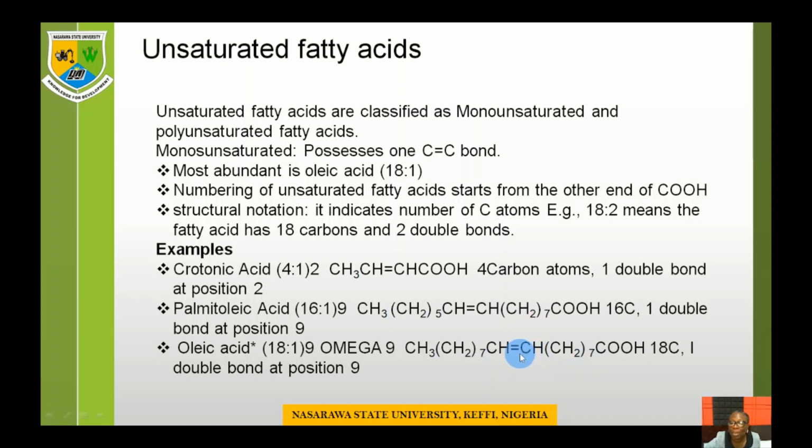So it shows that the double bond is attached at position 9. But when I'm talking of omega 9 fatty acid, you start counting from the methyl group. Carbon 1 plus 7 making 8 plus 1 making 9. So the double bond is on this carbon 9. So it's an omega 9 fatty acid.